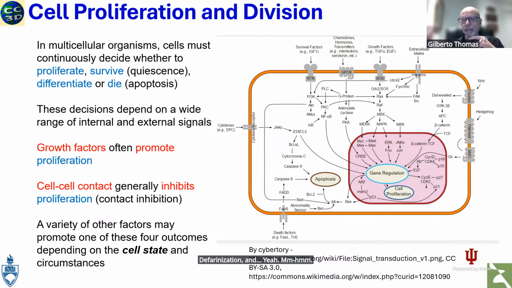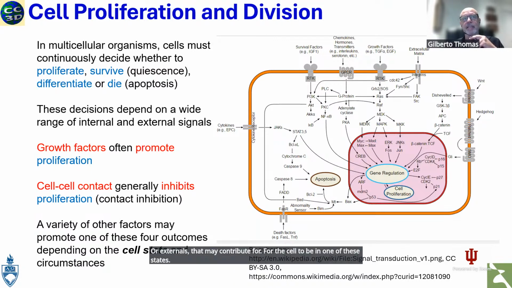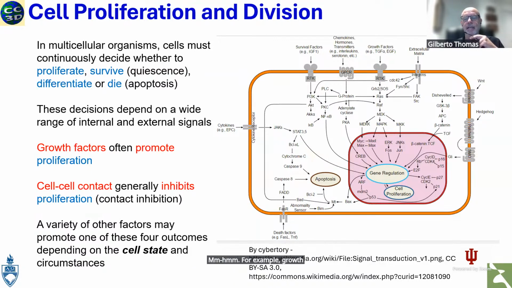There are many factors, internal or external, that may contribute to the cell being in one of these states. For example, growth factors promote cell proliferation in an organism.